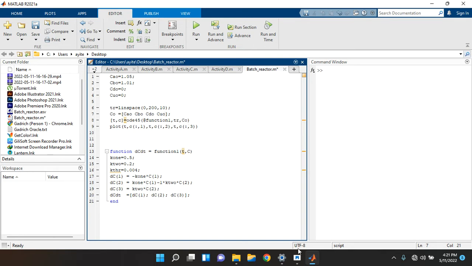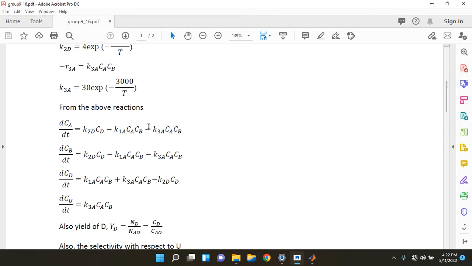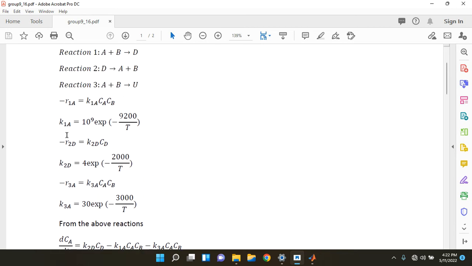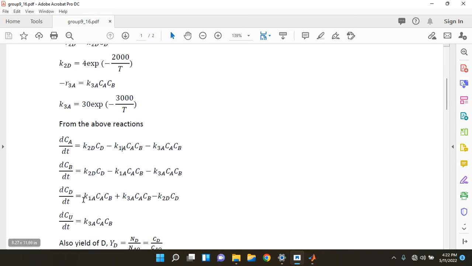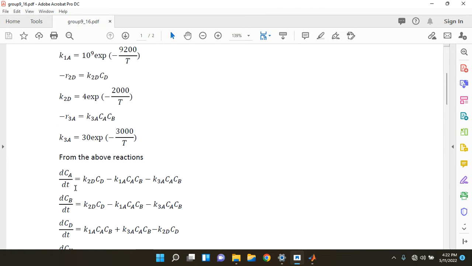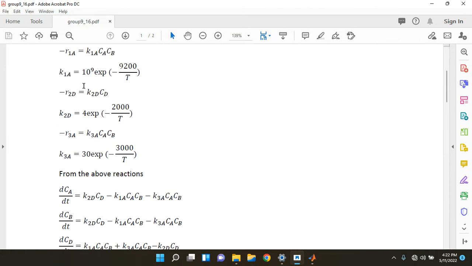And now from this side, we need to know our k1 because it's in our differential equation. We have k1a, k2d, k3a, the three k's, sorry. So we are going to define them.